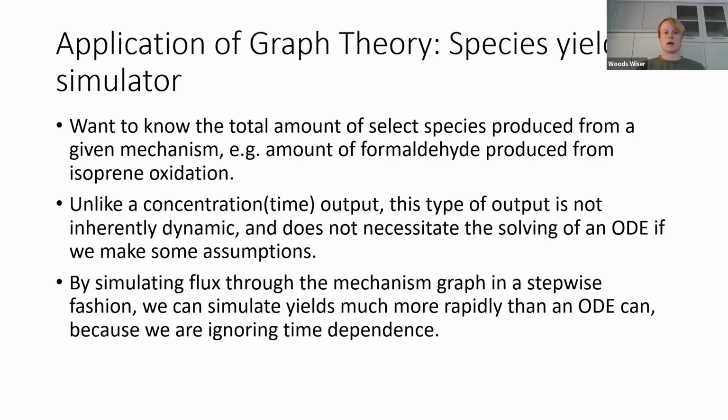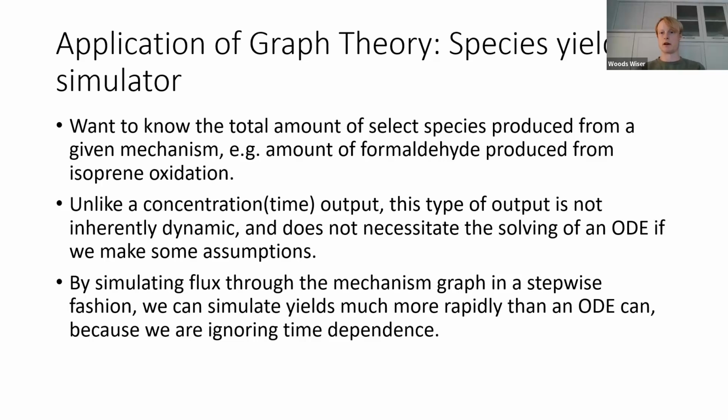So the benefit of this algorithm is that we can very quickly determine what the yields of the mechanism are without ever touching an ODE, without needing multiple timestamps. You're basically reducing the overall number of calculations by however many timestamps you would normally use. And so that's the benefit of it, and I use that in my reduction method.